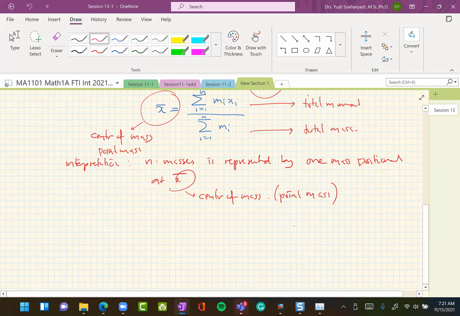The mass is the total of that galaxy, and the coordinate is the center of the galaxy.